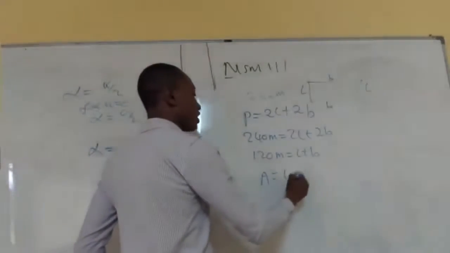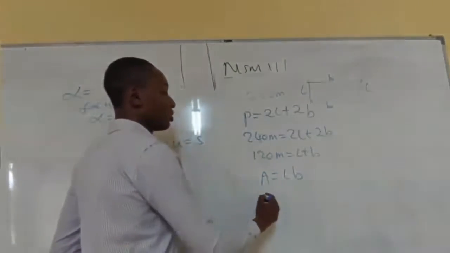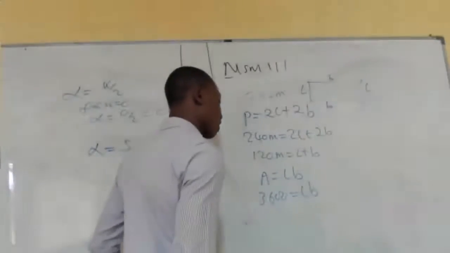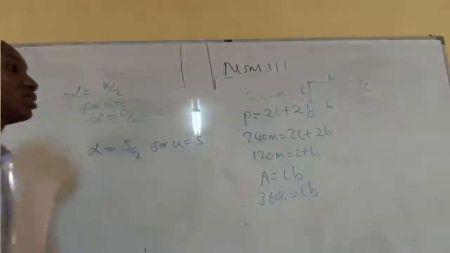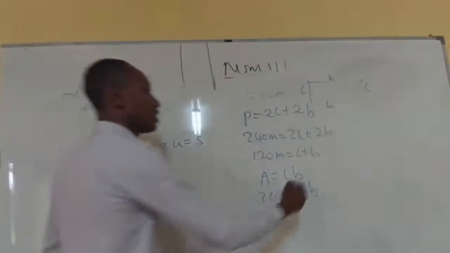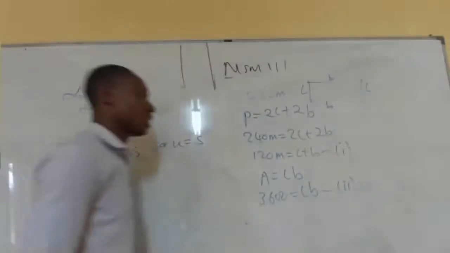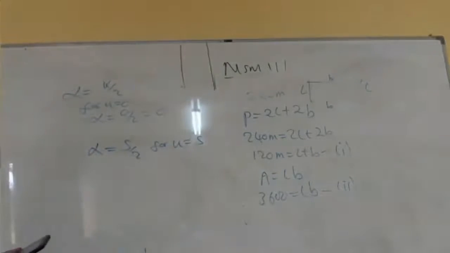We know area is L times B, right? What you've been given is 3600, and this is LB. So this is equation 1, equation 2, right? You're going to solve those two simultaneously to get the answer.